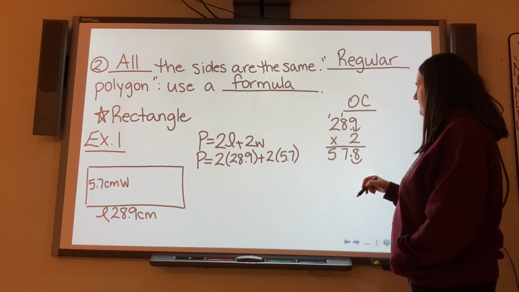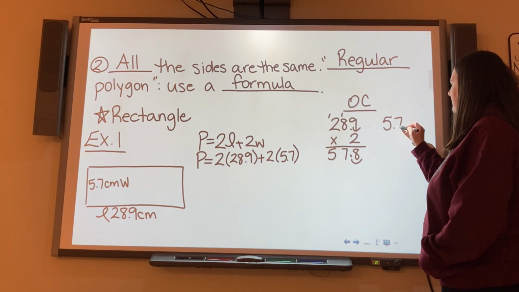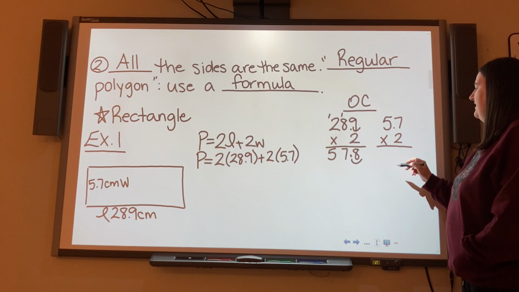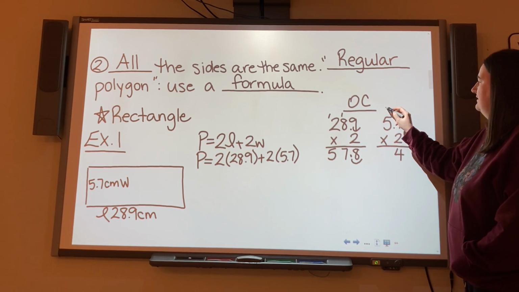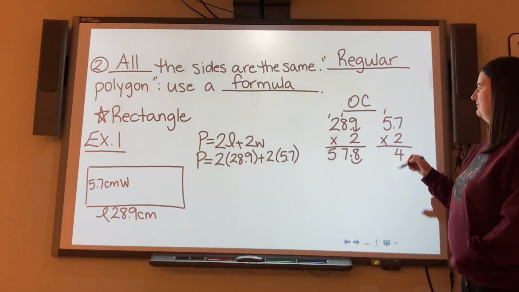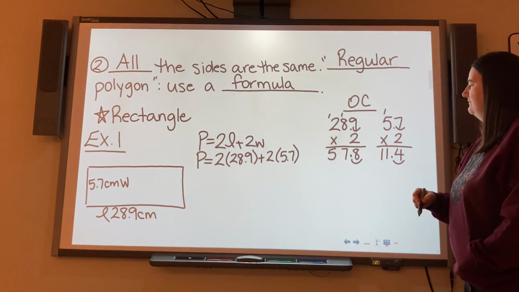Then you do the other one. 5.7 times 2. 2 times 7 is 14, carry your 1. 2 times 5 is 10, plus the one that I carried is 11. 1 decimal spot.